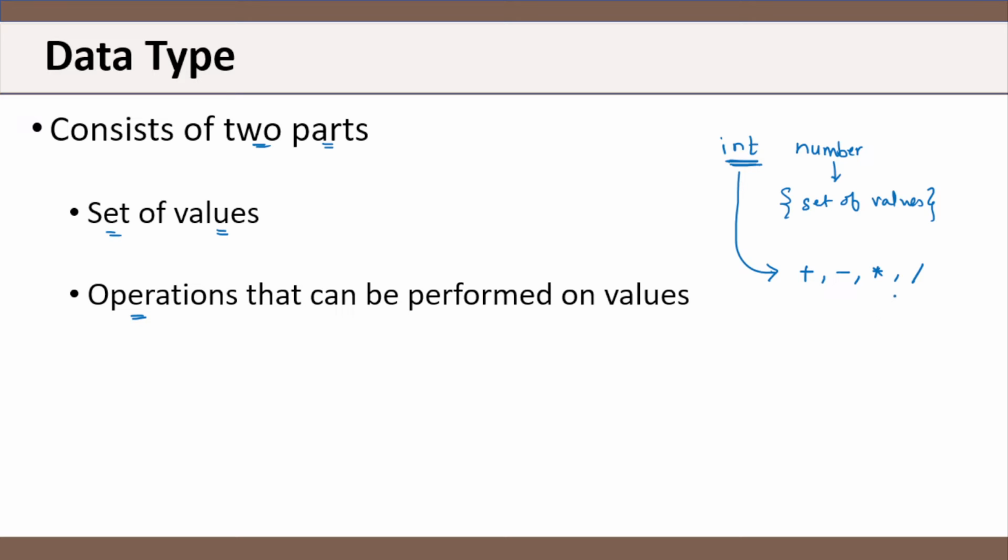So, data type consists of two parts: the set of values that can be assigned to a particular item with respect to that data type, and the operations that we can perform with respect to the data item that belongs to that data type.